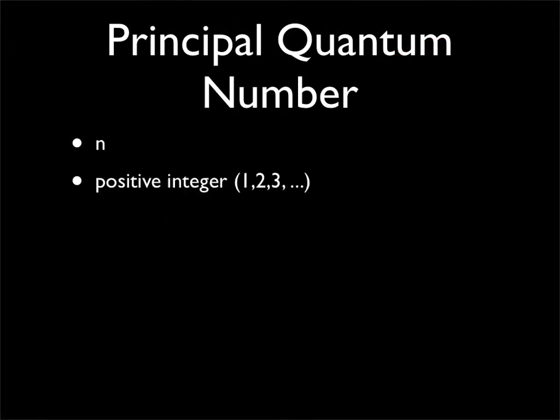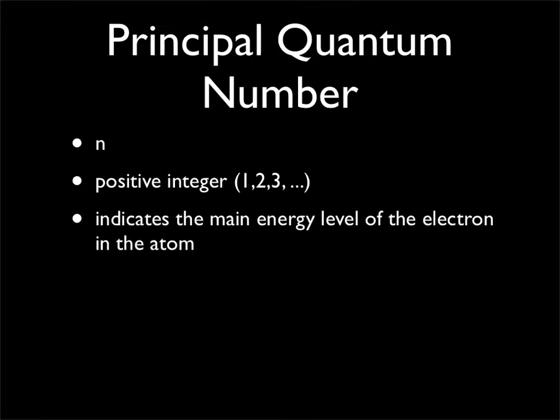They are positive integers, so there's going to be 1, 2, 3, 4, 5, 6, 7. That's really all they are, and it just means the main energy level. Just relate it back to that Bohr model of the atom: the first ring, second ring, third ring. Although now it's a much more complicated thing than just a ring, the Bohr idea helps you simplify it a little bit.